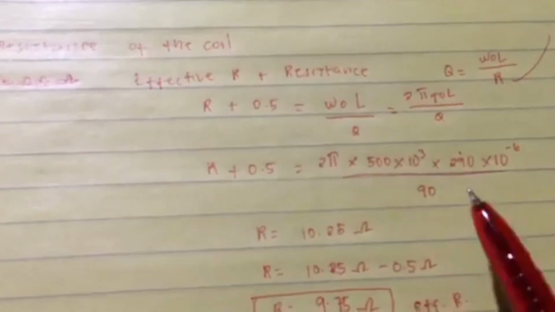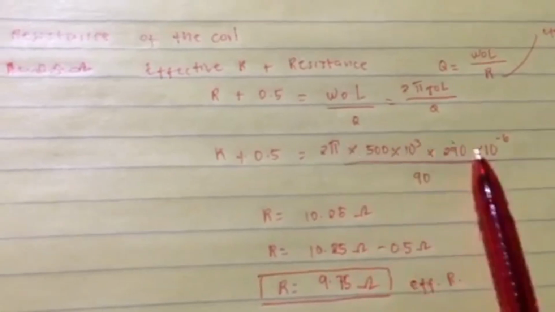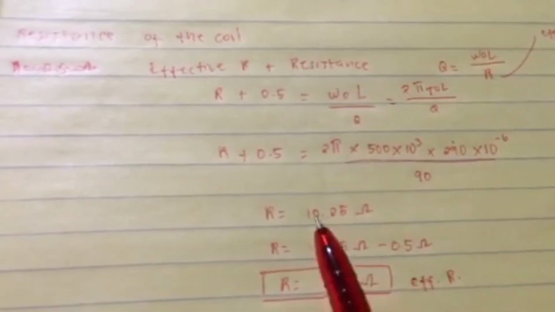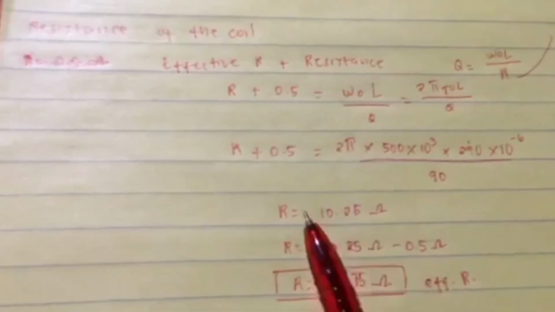If we solve all of this, R is equal to 10.25 ohms.